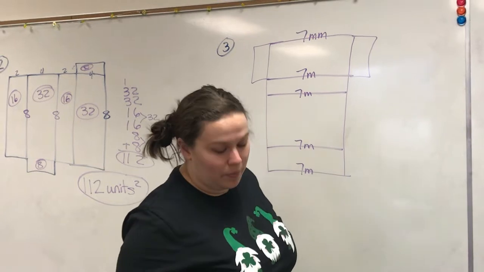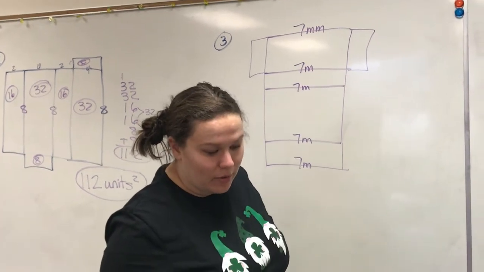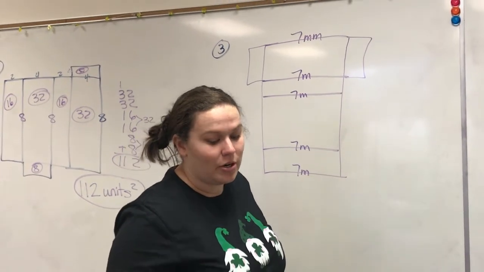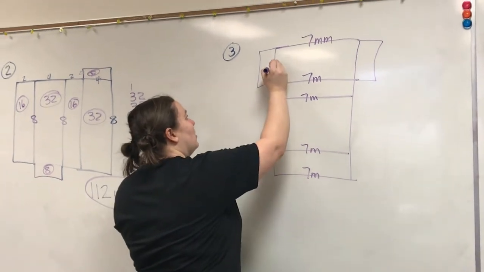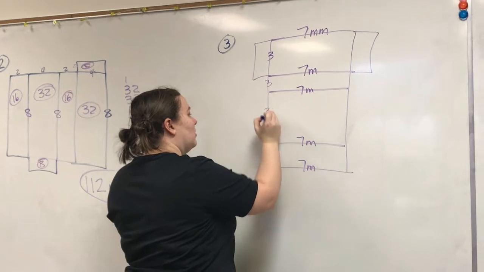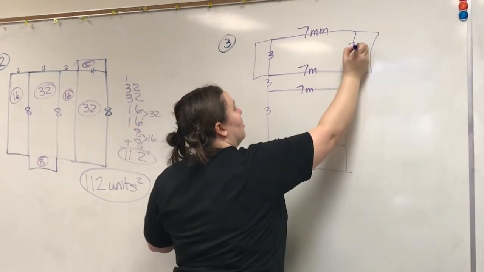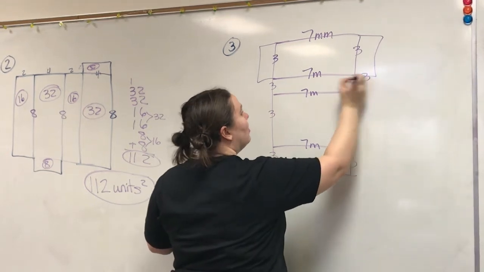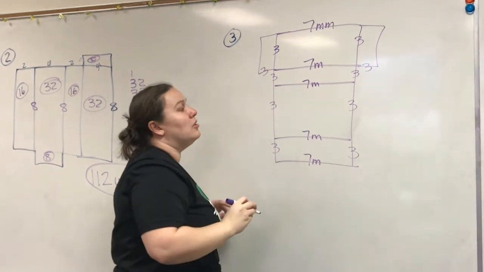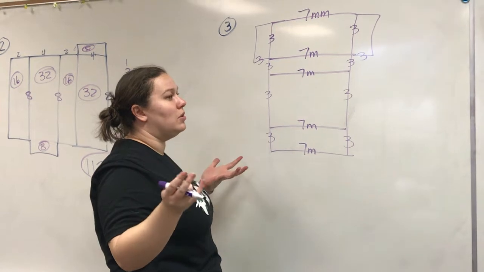Now you're going with the next largest number, and guess what? Both of those numbers are 3. So we're just going to label everything else 3. And then you're just going to multiply.